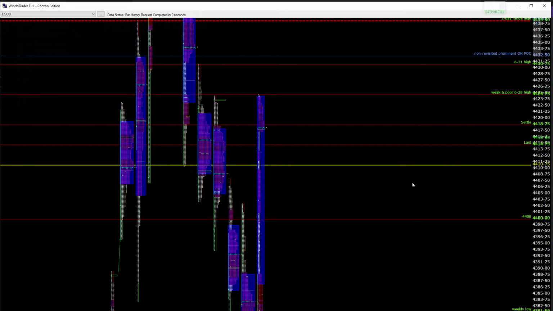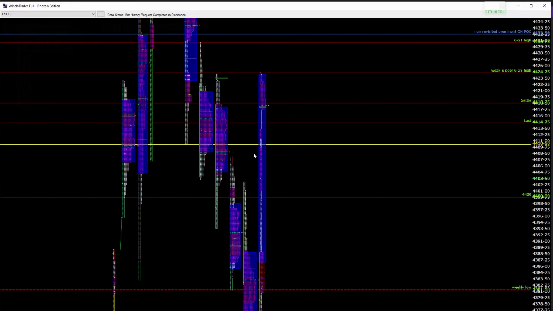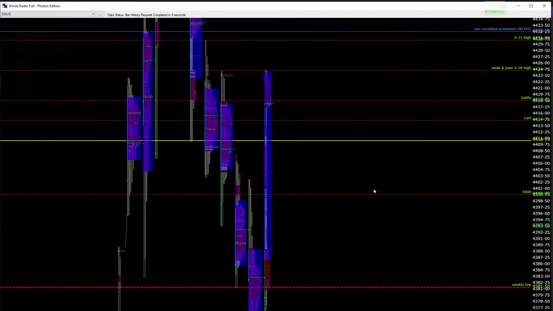Seller last at 44.1475. 4400 is down here, super elongated to the outside. We will be looking to the outside. I guess there's a lot of trading. It's still going. Could happen around the 4400.